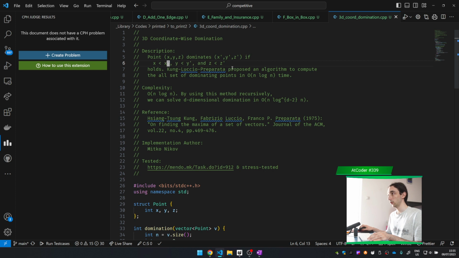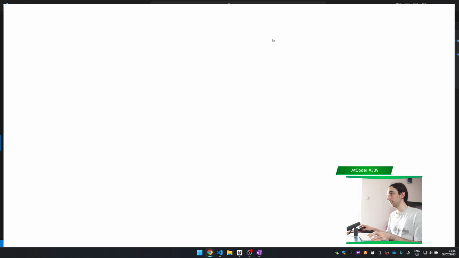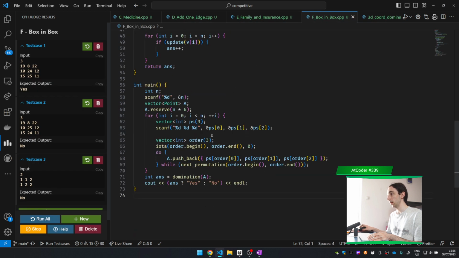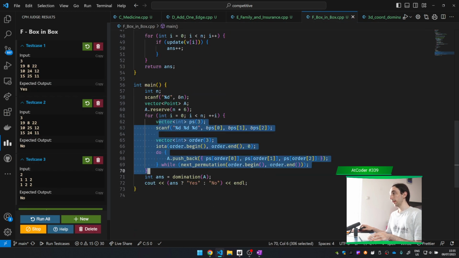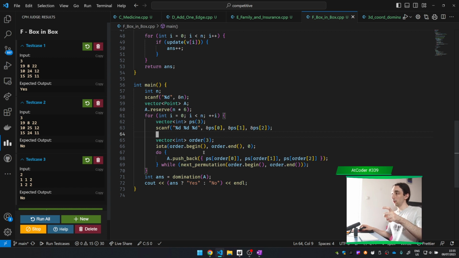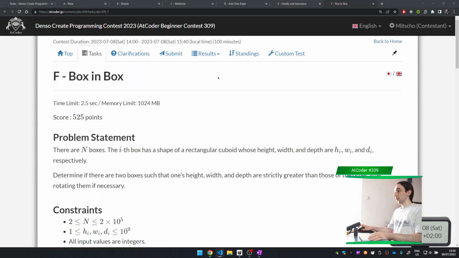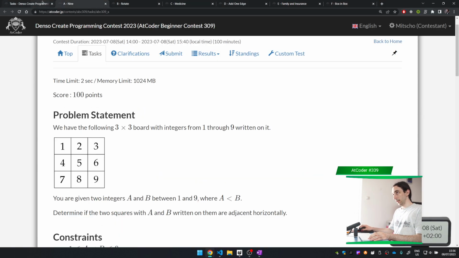So equality doesn't matter, but this is strict inequality. So I just have these three coordinates, vertices, and then I permute the order, and in A I push all these points. There are 6 times n points, because for each there are just 6 permutations, right? So 3 factorial. And yeah, that's it for F.